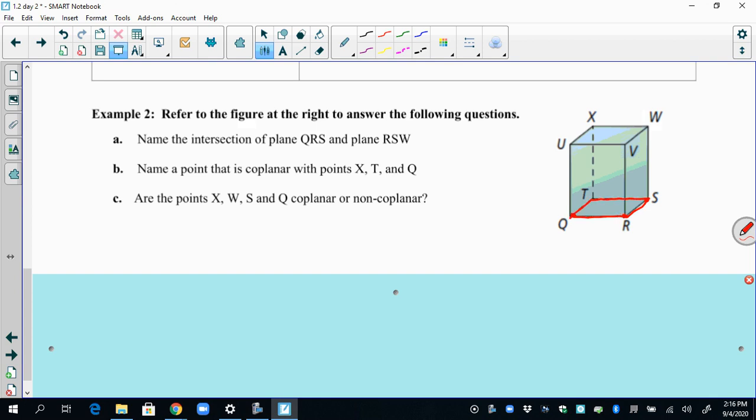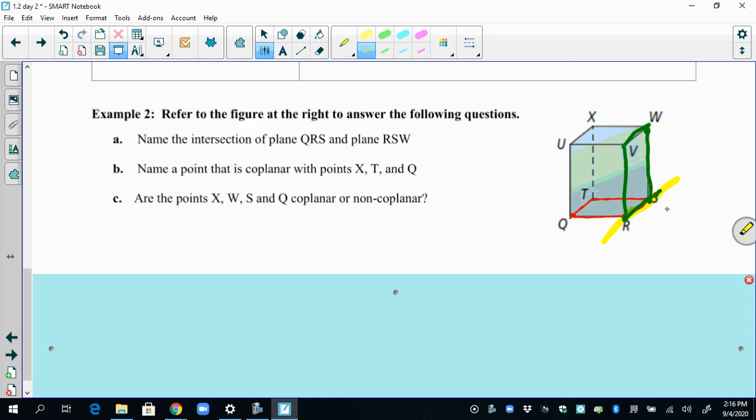And then RSW, here's R, here's S, here's W. Well, what plane are we talking about if we talk about the plane with those 3 letters? It would be this side of the box. So the intersection of 2 planes is a line, and it's all the points they have in common. So, if I use a highlighter here, this line right along there would be the intersection.